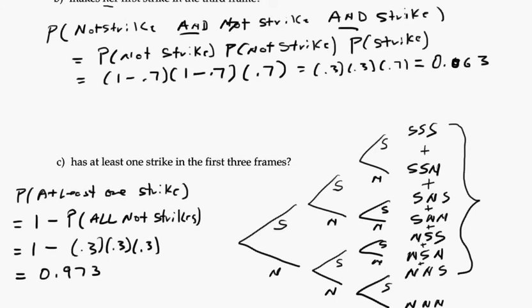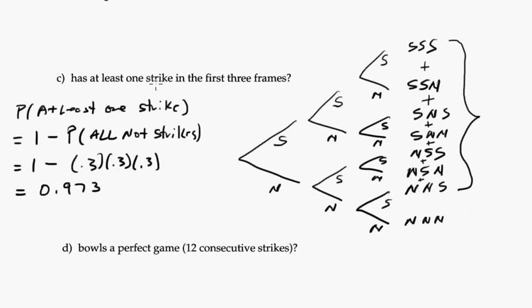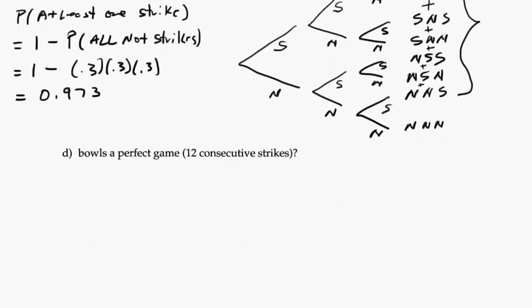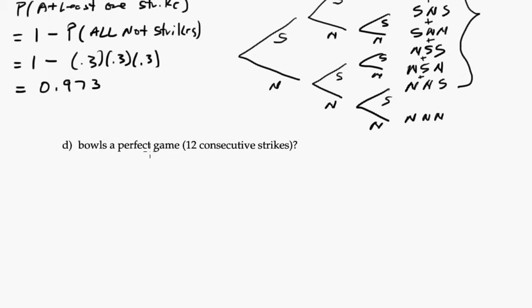Okay, so hopefully you're seeing this opportunity arise here, but it's easier for me to recognize it when I think of a tree. Okay, so now she bowls a perfect game, 12 consecutive strikes.